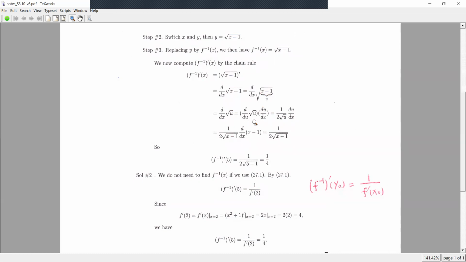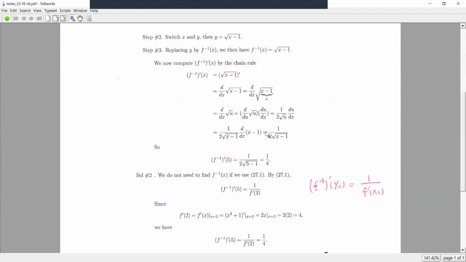The derivative of square root of u with respect to u is 1 over 2 times square root of u. Now, delete u. Plug in x minus 1 for the u here. Then I have this equation. The derivative of x minus 1 with respect to x is 1.